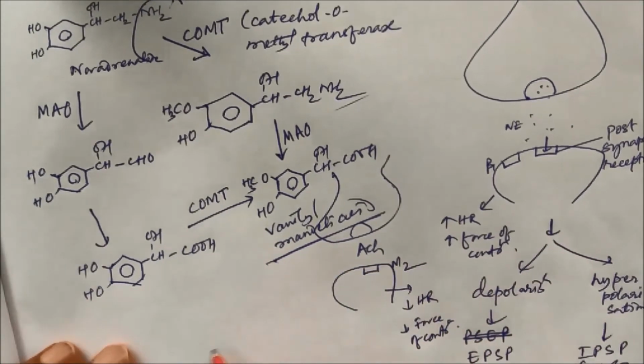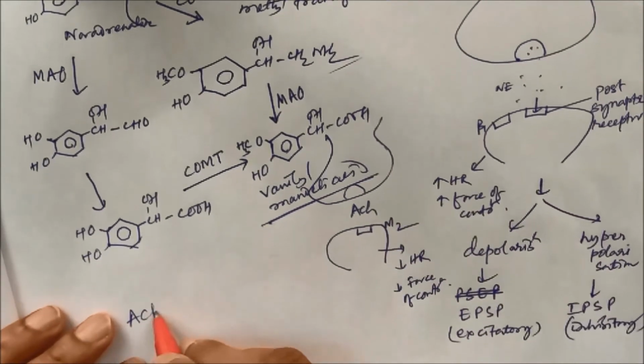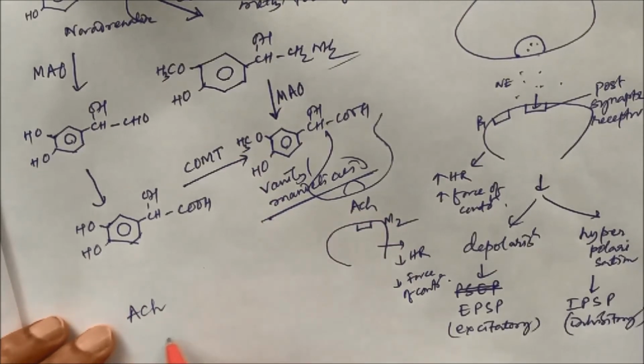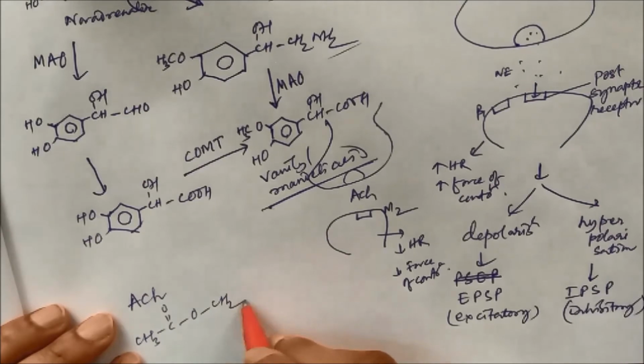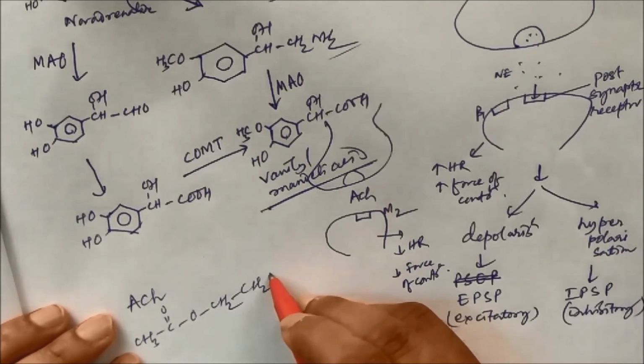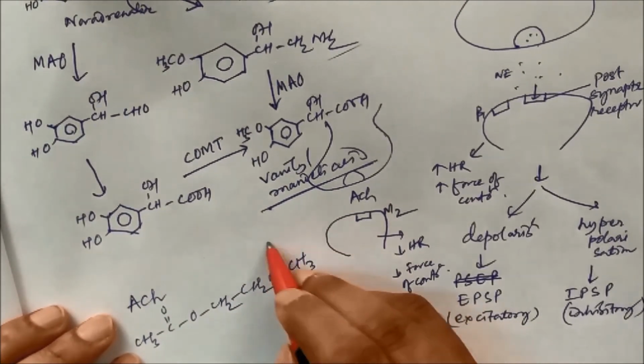And in case of parasympathetic, acetylcholine, which we know is CH3, COO, CH2, CH2, and N with CH3, CH3, CH3.